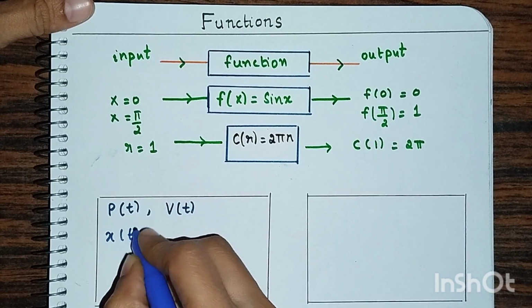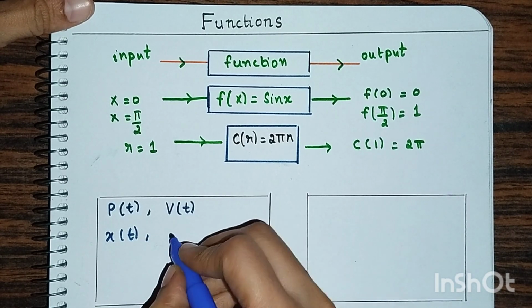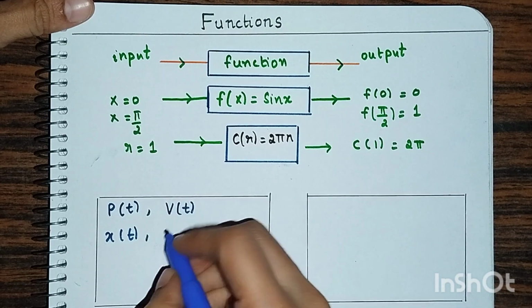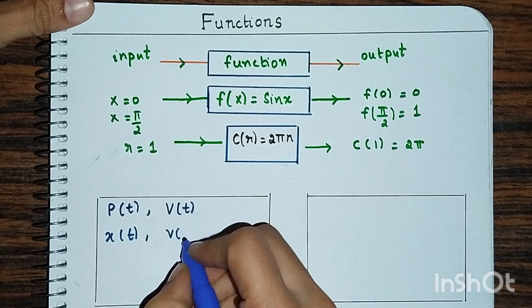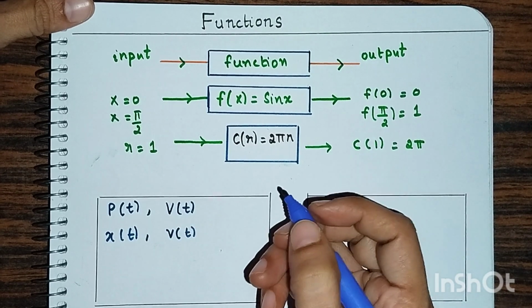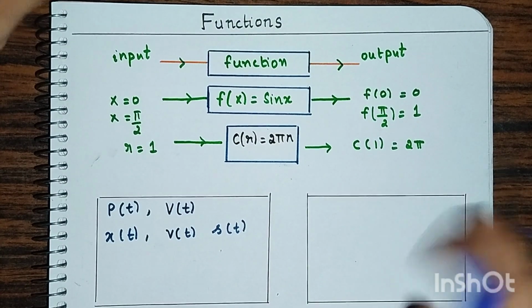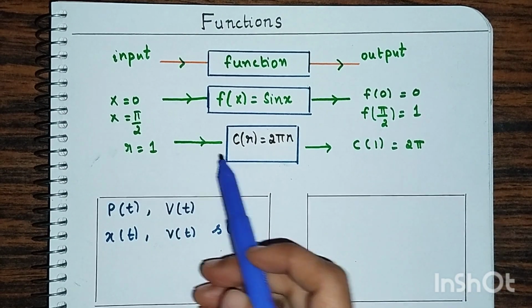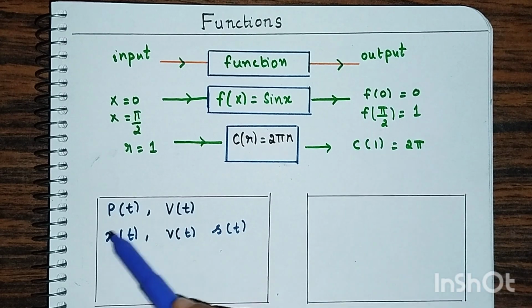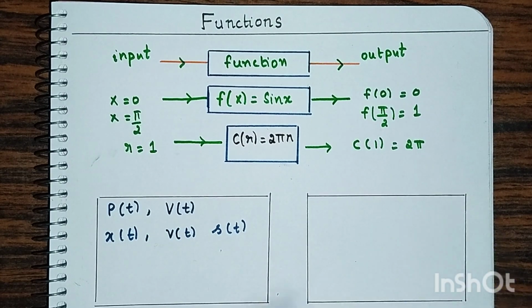Displacement as a function of time. Then we have also studied velocity as a function of time, right? Distance as a function of time, acceleration as a function of time. So every time you send a time as input, you're going to get one output depending on the function, right? So these are all the ways that we represent the functions.